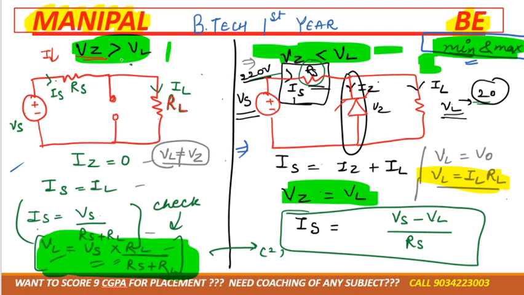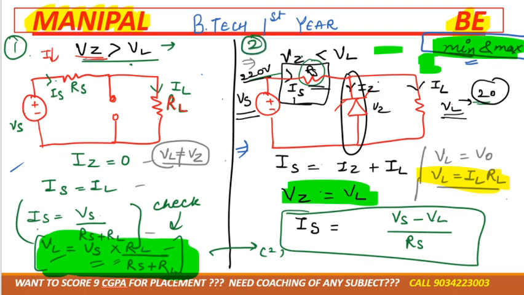Next, in the Zener diode, I told you that we'll have two conditions. One is VZ less than VL. If this condition is applicable, then all these formulas apply. This is the first condition, and this is the second condition, all formulas to remember, right?